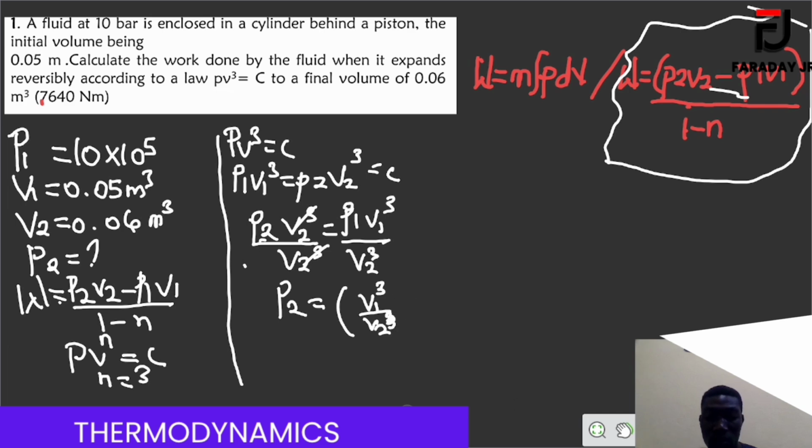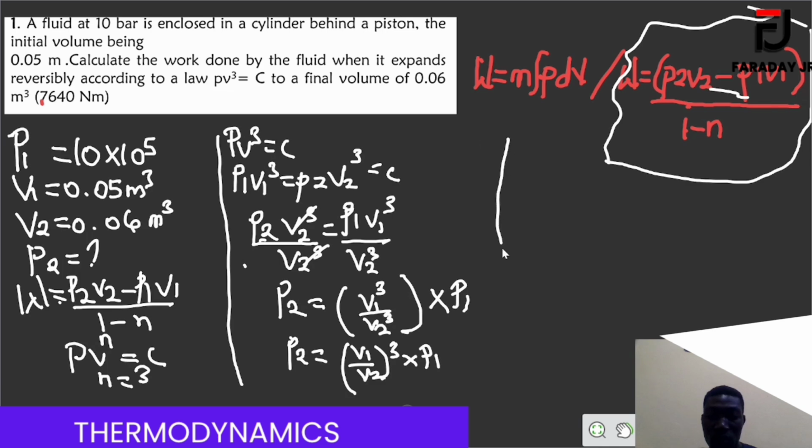Let me do it well. Exponent 3, then times P1. So in all, we can say we have our P2 to be equal to V1 over V2 exponent 3 times P1. So let's put the values into it.